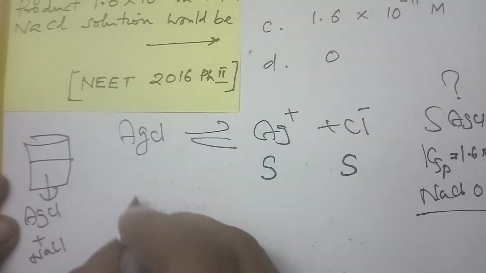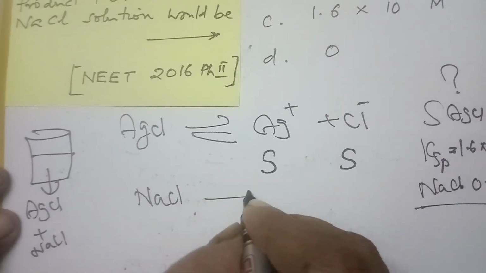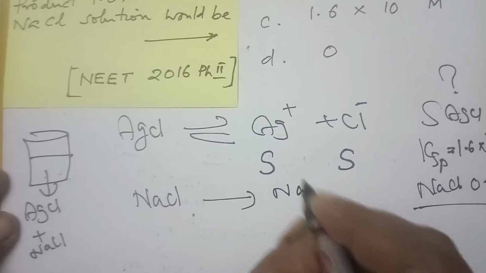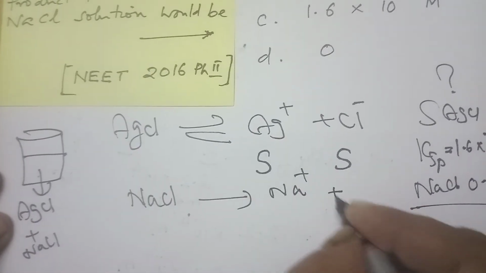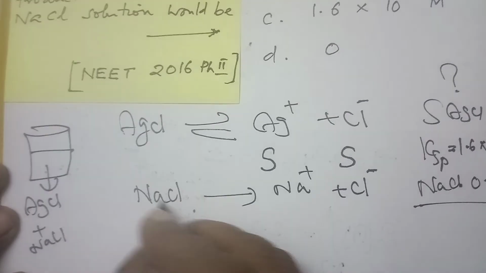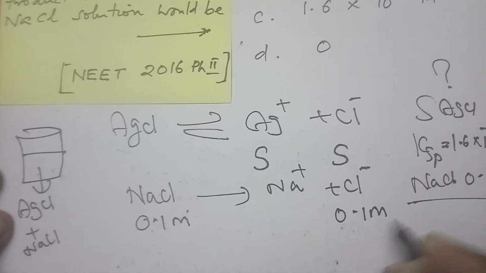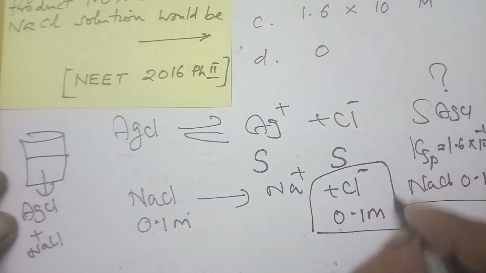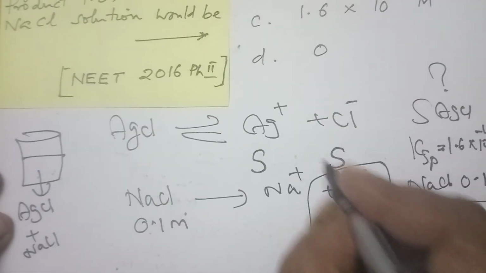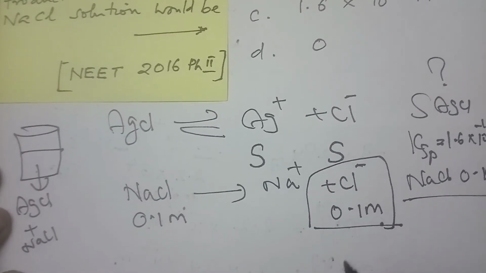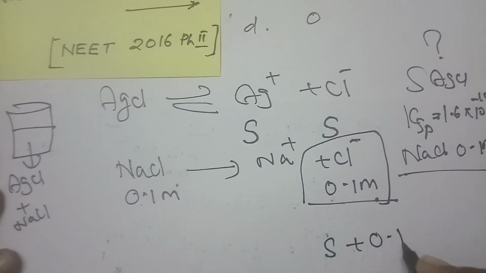Now I am writing the equation for sodium chloride. It is a strong electrolyte, so you put the single arrow: Na plus and Cl minus. Since it is a strong electrolyte, its concentration is the concentration of the ion. So your chloride concentration is 0.1 m. So in the beaker your chloride ion concentration is S plus 0.1 m.